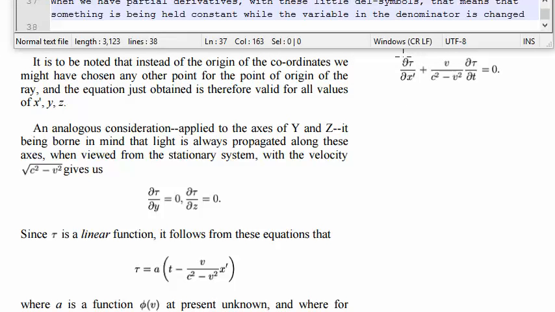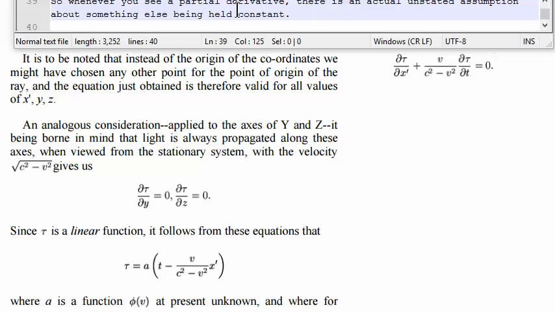When we have partial derivatives with these little del symbols, it means that something is being held constant while the variable in the denominator is changed. So whenever you see a partial derivative, there is an unstated assumption about something else being held constant.